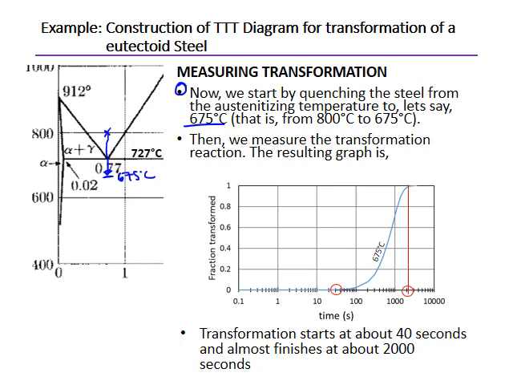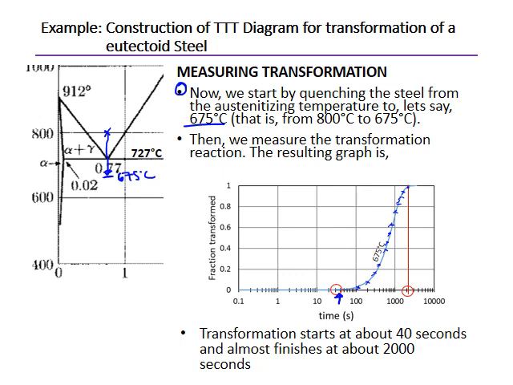So 40 seconds, this is 10, 20, 30, so 40 seconds is right there. So we see that there is a change in the microstructure starting at 40 seconds, and then we continue to measure the transformation. So we have different points for this transformation, and then we decide that the transformation ends or finishes at about 2000 seconds.